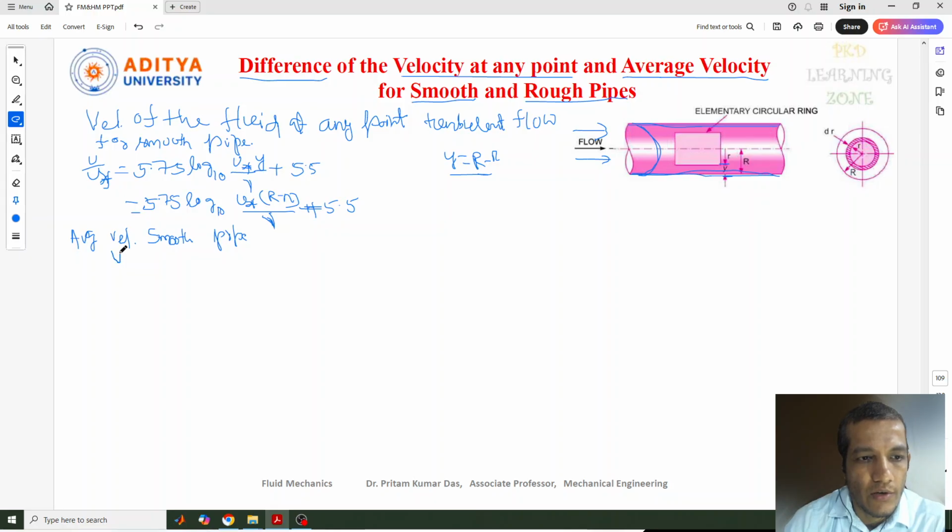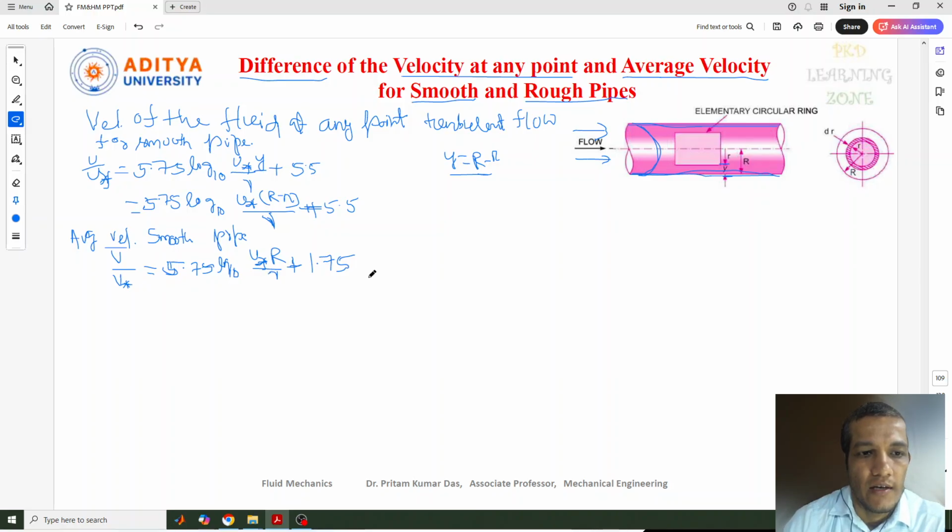There we got u bar by u star, a lengthy equation actually, equal to 5.75 log 10 of u star capital R by nu, plus 1.75. This is the average velocity.